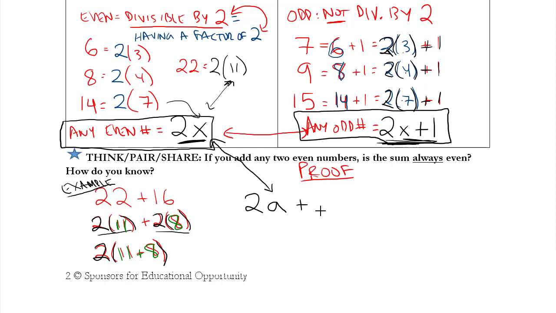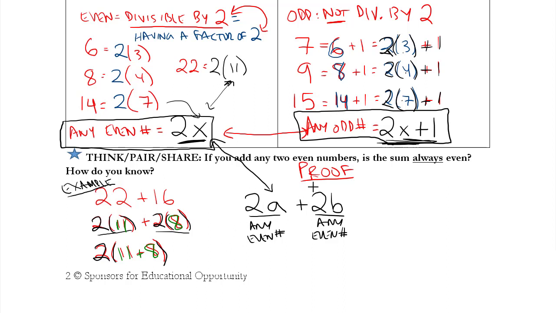Well, 2b, right? This is any even number. And this is any even number, right? So we're allowed to use these expressions to represent any possible even number, all of them. So that means we don't have to worry about, oh, did I miss an example, right? Because this is representing any even number we want.